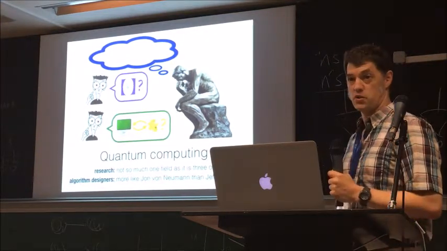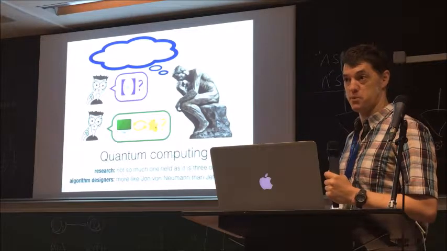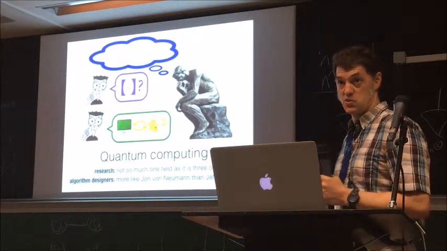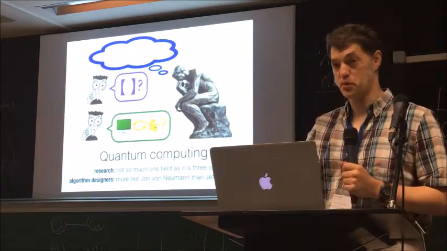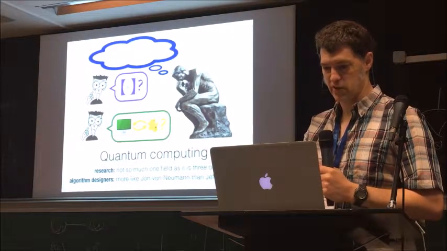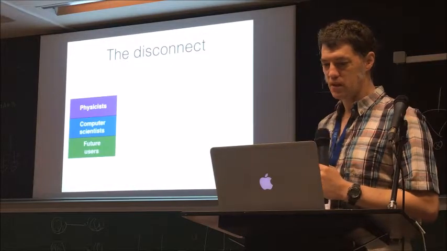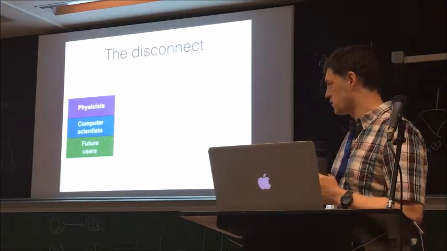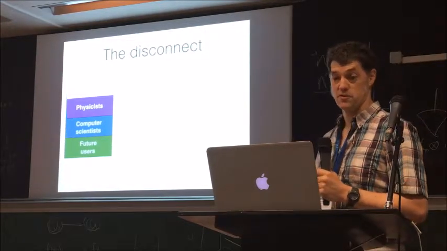The people who design the algorithms are much more like mathematicians than they are like programmers, and there are some historical reasons for this. But we want, of course, to get to a situation where we have more practical programming than we have had up until now for quantum computers. So we've got this disconnect between at least 3 different groups, and these groups subdivide further still.